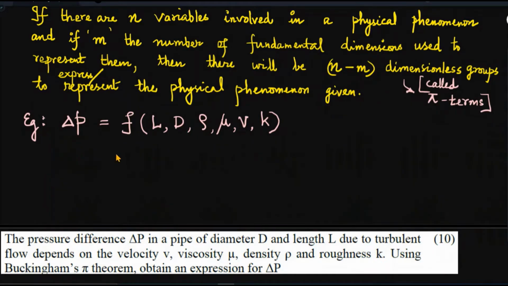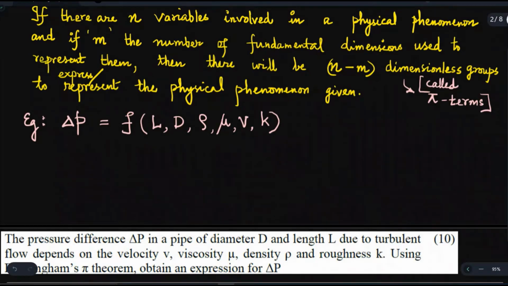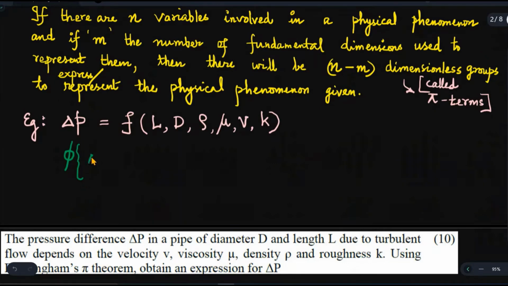Okay, so what you can do is, this equation can be modeled like this: a function of, say, another function, let's say phi, a function of these dimensionless groups. Dimensionless groups means, say, pi 1, pi 2, pi 3, etc. So now we have to determine how many dimensionless groups are involved.